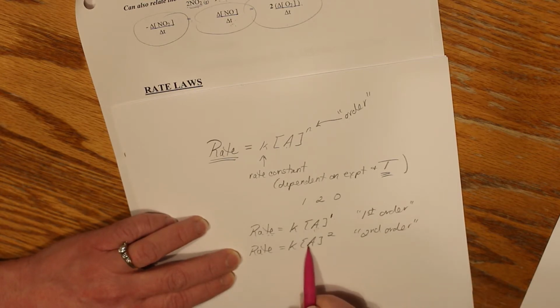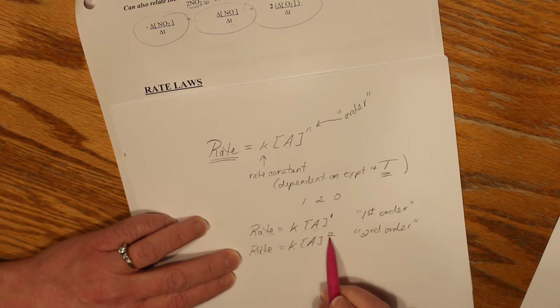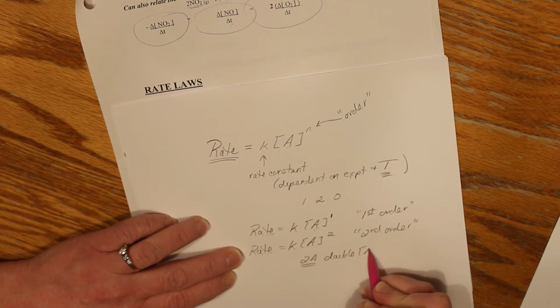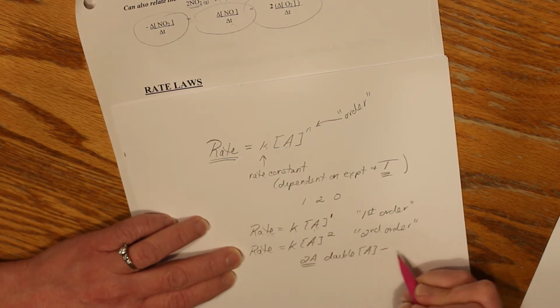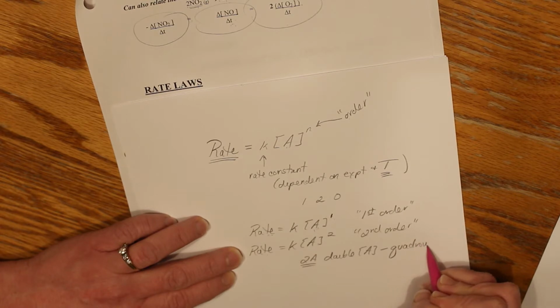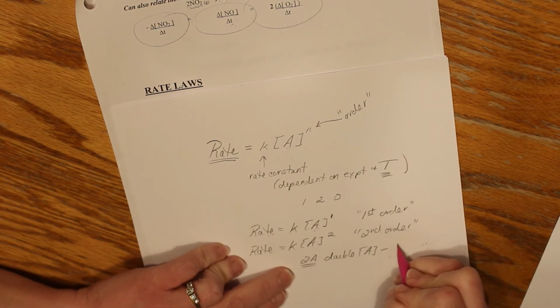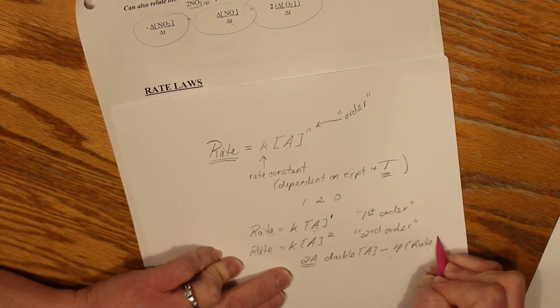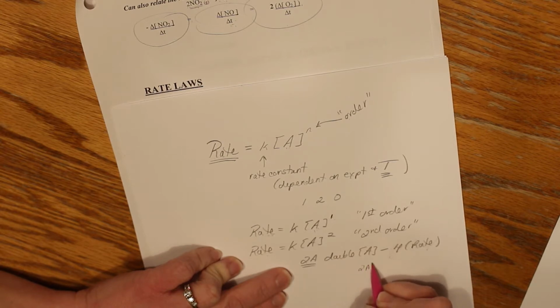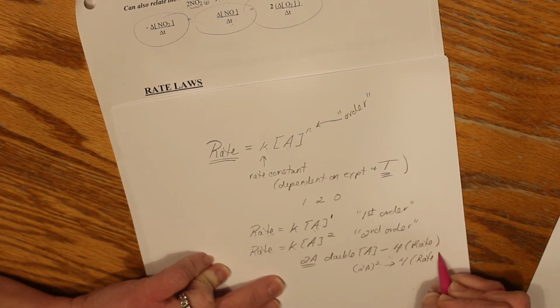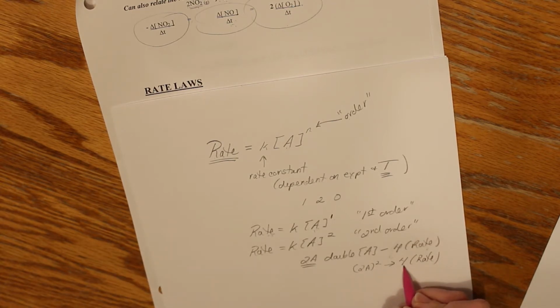Well, that means whatever we do to A, it will have a squared factor on rate. So if we double the concentration of A, it will quadruple the rate. Because of course, if we double A, then our rate 2 squared will be increased 4-fold.